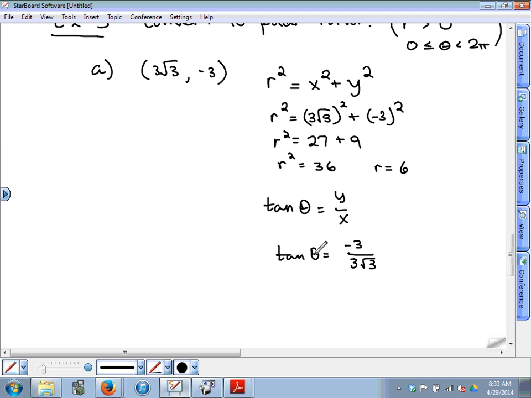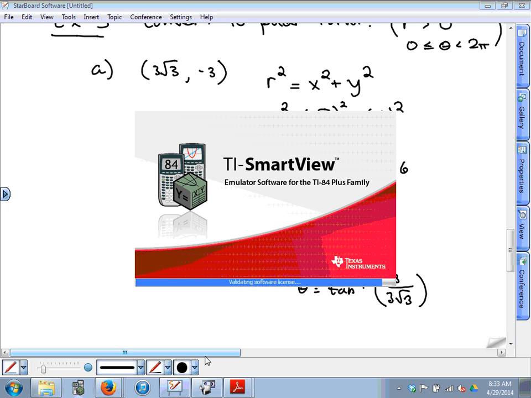How do we find theta? Inverse tangent on both sides. So you can just leave this in this form. Theta is equal to the inverse tangent of negative 3 over 3 square roots of 3, but you can't just blindly trust your calculator on some of these problems. I'll explain what I mean here in just a second.